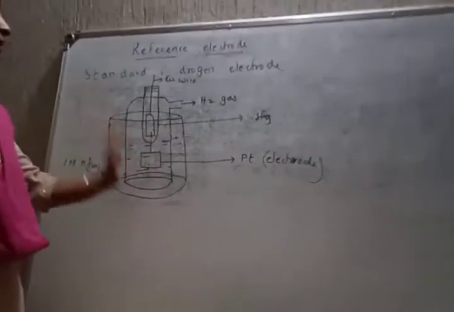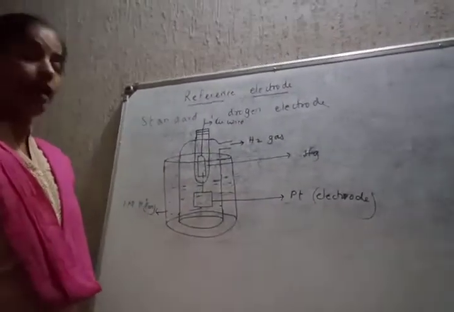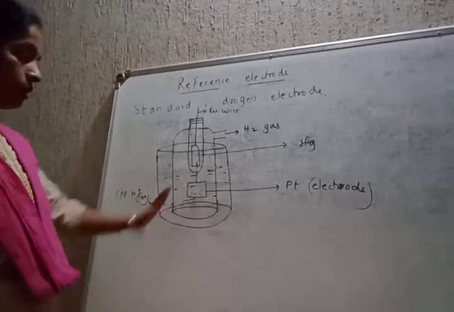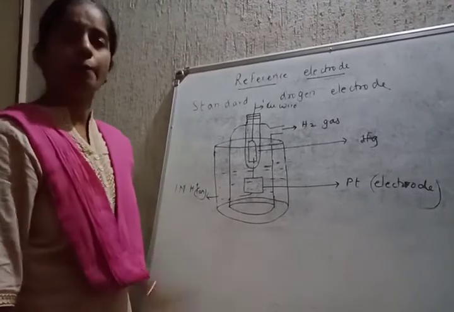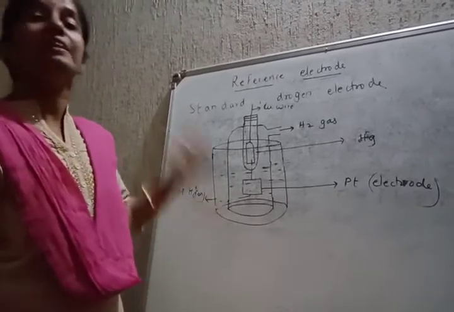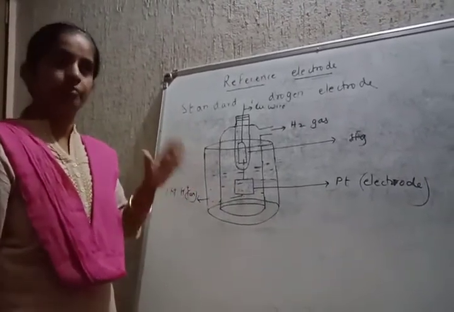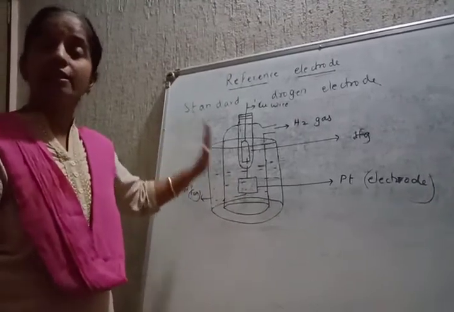Let me repeat. The platinum plate behaves as an electrode. Students, it is an inert electrode, meaning it does not participate in the chemical reaction.